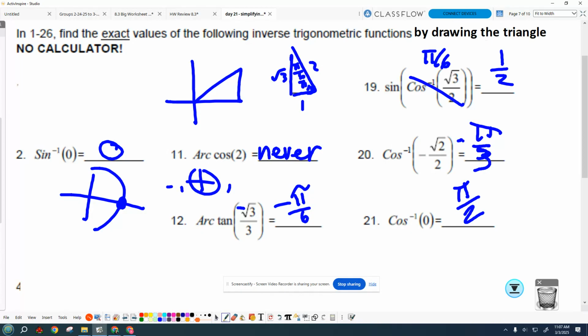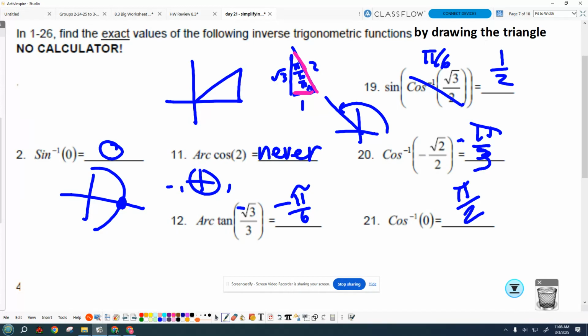Where is cosine negative angles coming from? Mache, what quadrant? That's the second and third. Second and third. Only one is second. So cosine negative ratios come from here. And pi over 3, adjacent over hypotenuse is 1 over 2, not negative root 2 over 2.